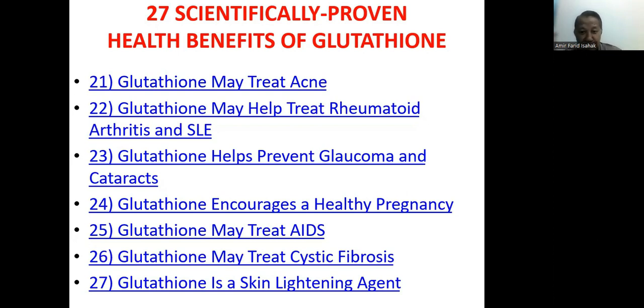And I've also treated 2 medical doctors, right, who gave up on medical treatment. Prevents glaucoma and cataracts, encourages a healthy pregnancy, treats HIV/AIDS, treats cystic fibrosis, used in skin lightening or skin whitening.